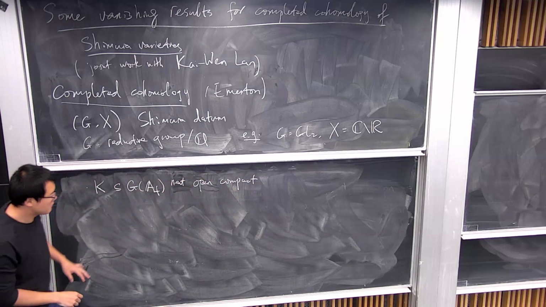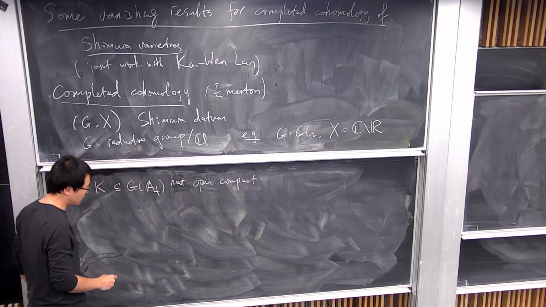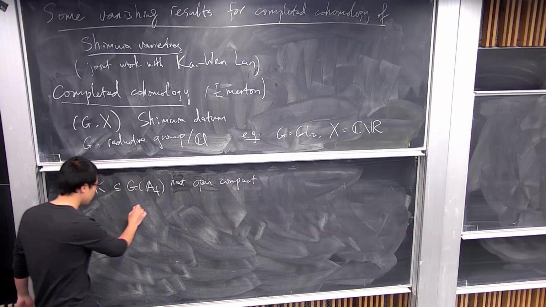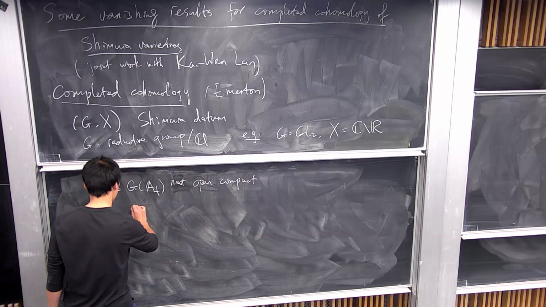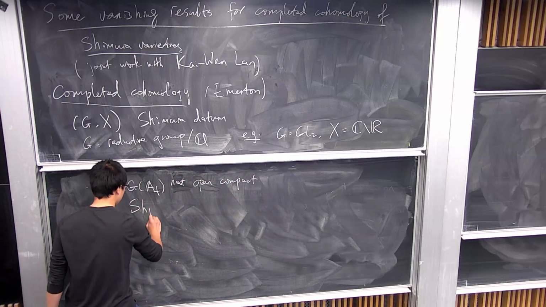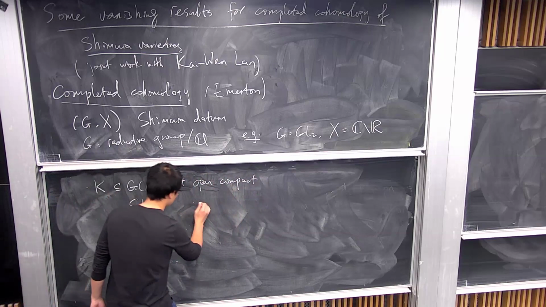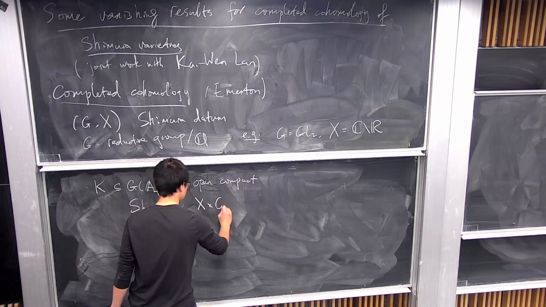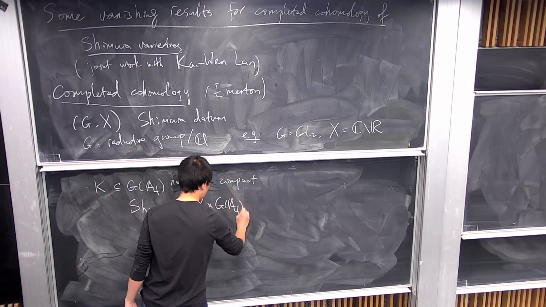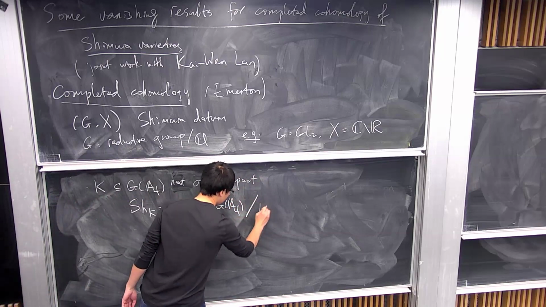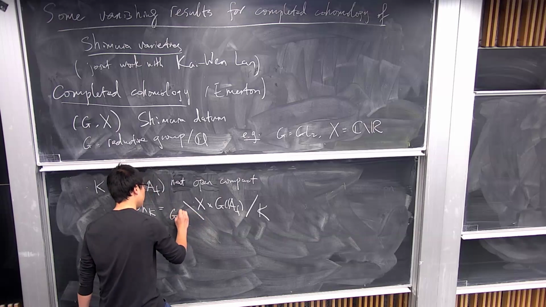I can look at the double coset space, which is just X times G(A_f) modulo K on the right, quotient by the Q points of G.